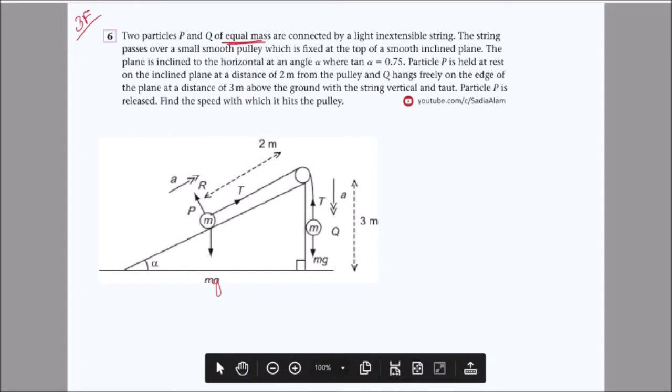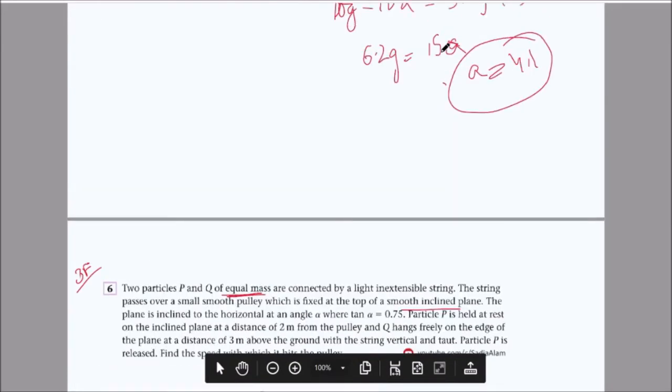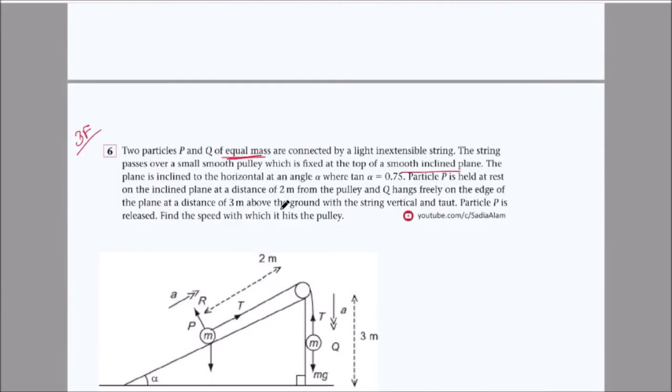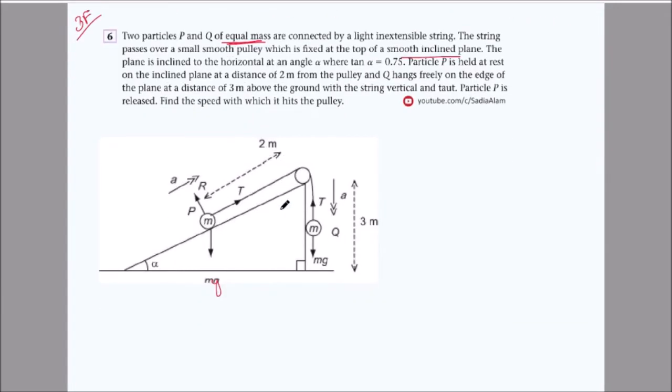Okay, so this is even easier than the one I have just solved. In my example, I included a rough inclined plane, so we had to work with the frictional force, mu R, and because of that I had to calculate R. So this number 6 is even easier than that, as we do not need to be concerned with frictional forces here.